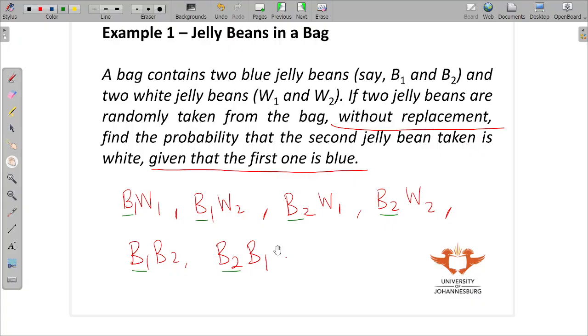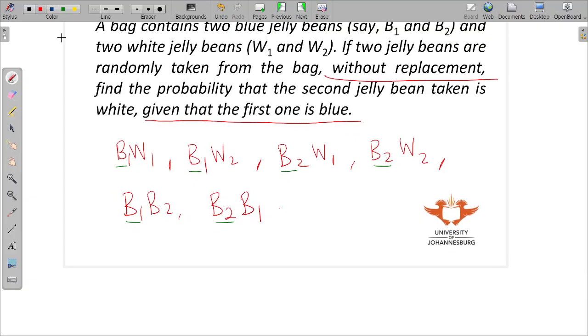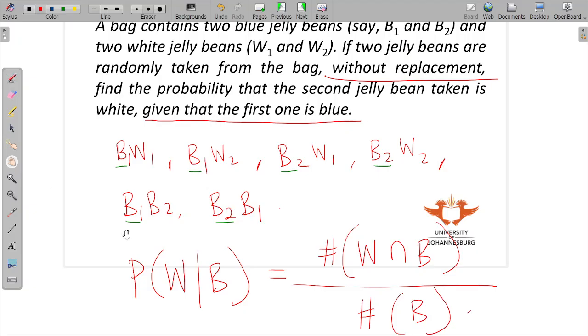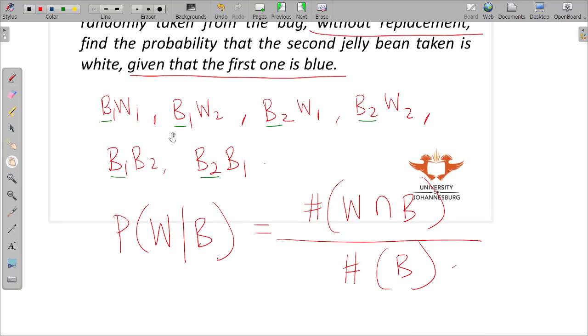So now let's look at this. Probability of white given blue. We need to find how many is the intersection of white and blue, and then the number of blue, which just means the total.